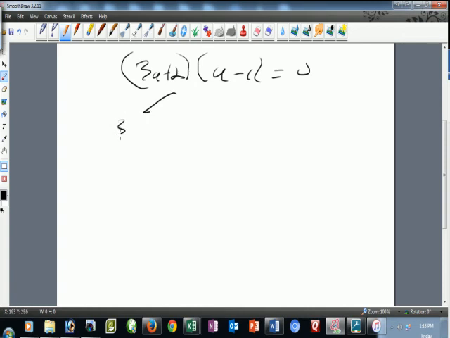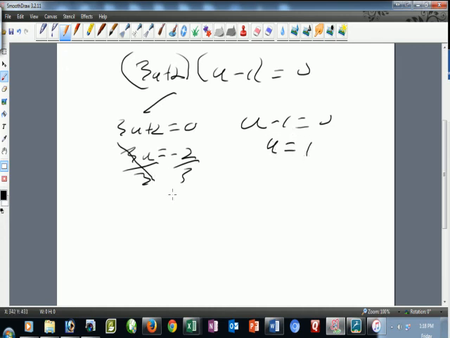Take each piece, set it equal to 0. So now you got 3u equals negative 2 divided by 3 divided by 3. U equals 1. U equals minus 2/3.